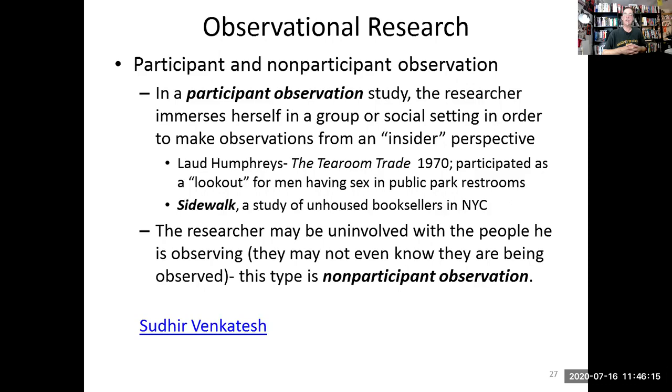Now, that may seem an odd thing to do a study on, but Laud Humphreys was someone who had been a Roman Catholic priest in a diocese in Chicago where the gay community was centered. And in that time, in the 50s, they were not out.